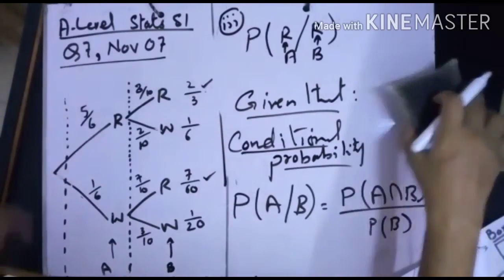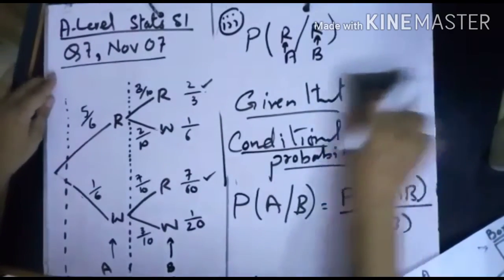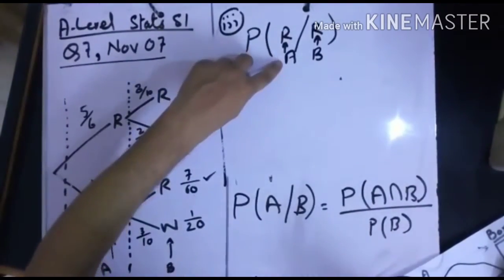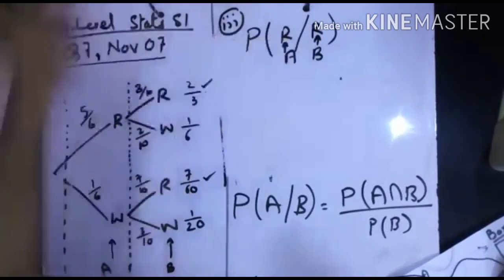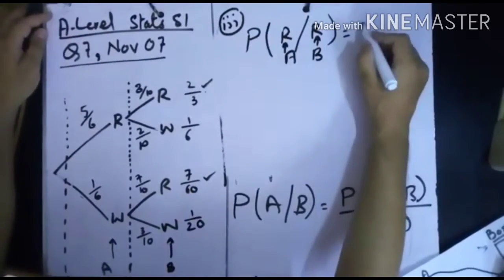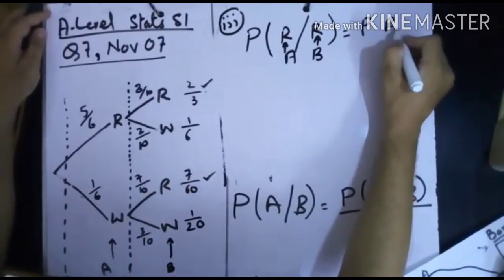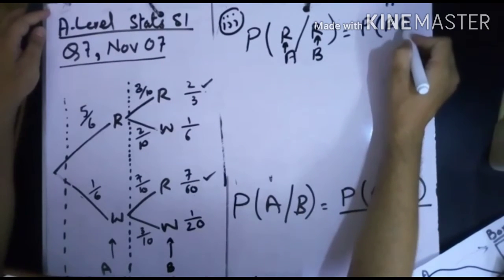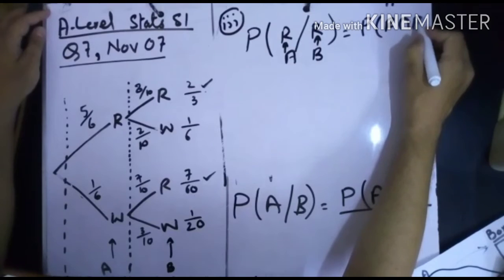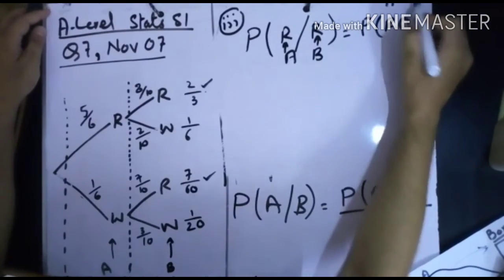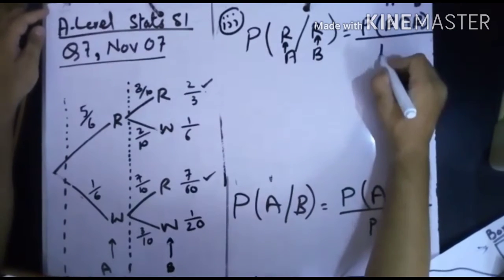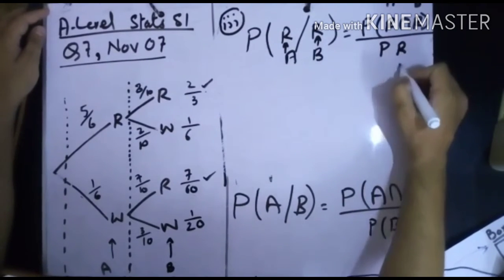We have to find the probability of red from A given that red from B. So this will be the probability of red from A and red from B, divided by the probability of the given, which is red from B.